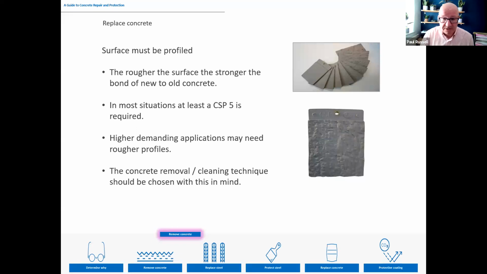Why do we need a rough surface? Well, the aggregates that we use in some of the repair mortars, some in microconcrete, are obviously very, very small, perhaps 0.2 of a millimetre. But some of the heavier repair mortars can be anything up to 2.5 millimetres. So you need a good surface amplitude.